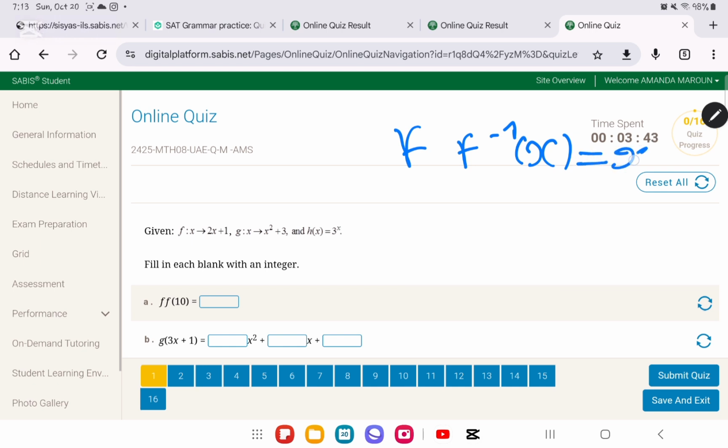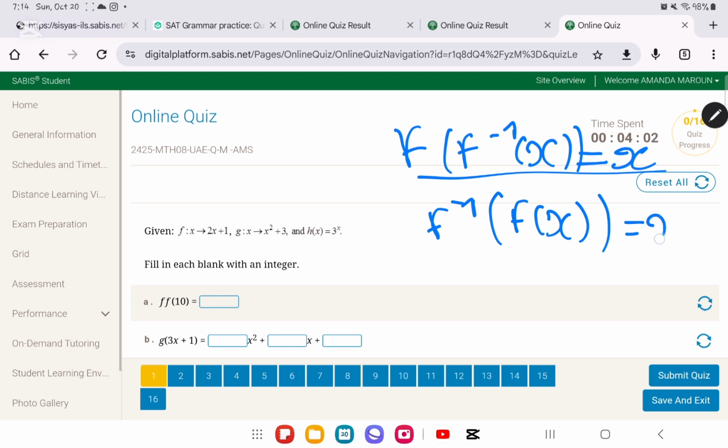Question: f(f inverse(x)). This is always x. I believe that your teachers told you, okay? Whenever you see f of inverse of x, or f inverse of f(x), this is equal to x.